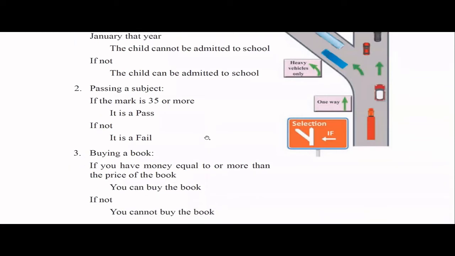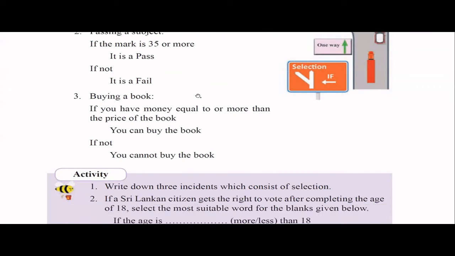Next thing. Now, in your O levels also, they will decide passing the subject based on the marks. If your marks are 35 or more, for example if it is 40, that means it's a pass. But if your marks are less than 35, something like 10, then it is a fail. So see, based on your marks, there's a condition, two choices. That is how selection works. Buying a book, right?